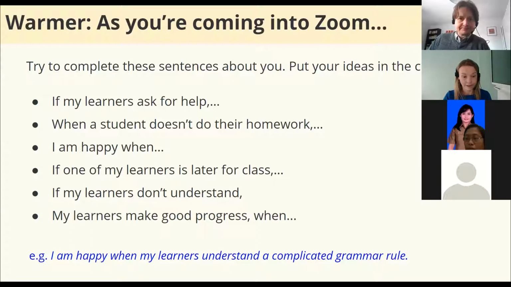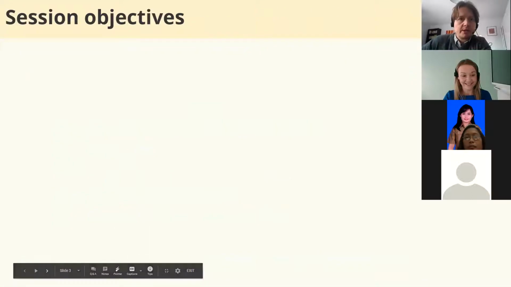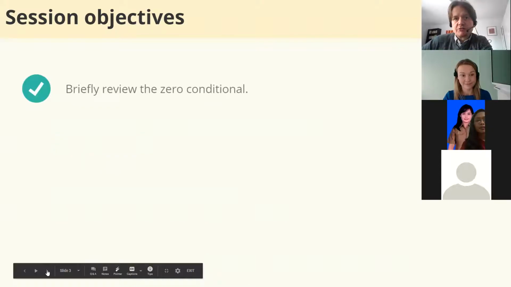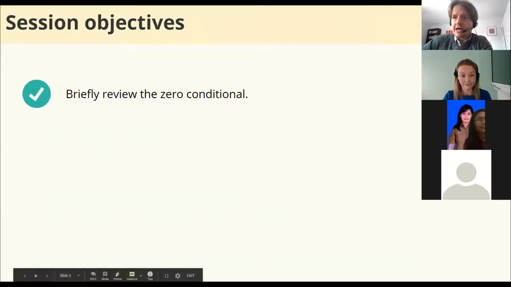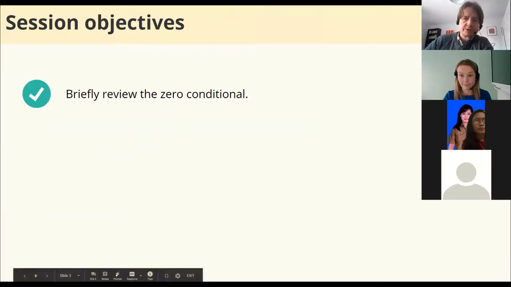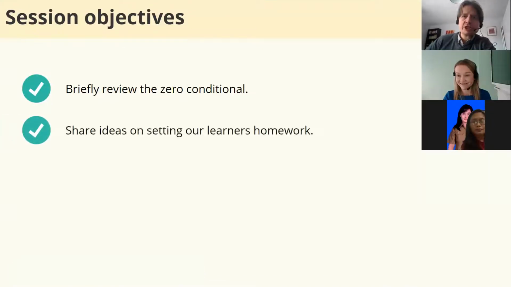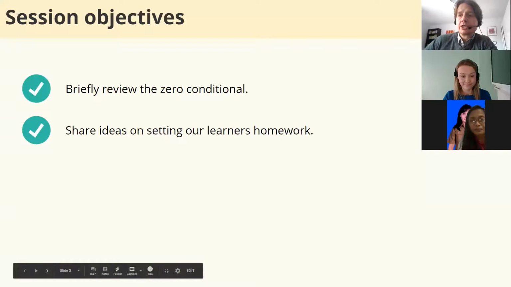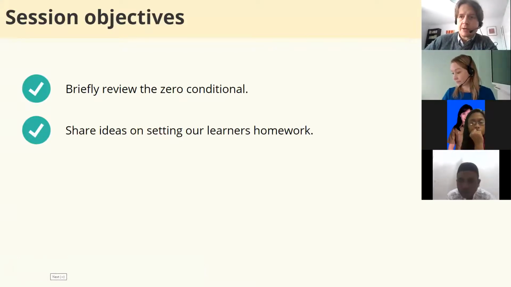Okay, let's look at the plan for today. The first objective, which you've just done briefly, is to review the zero conditional. We're not going to spend much time on language, so please review that in the Foundry if you're confused about its use. The next aim is to share ideas about setting our learners' homework. You looked at that already in Unit 5, and we're going to develop that.